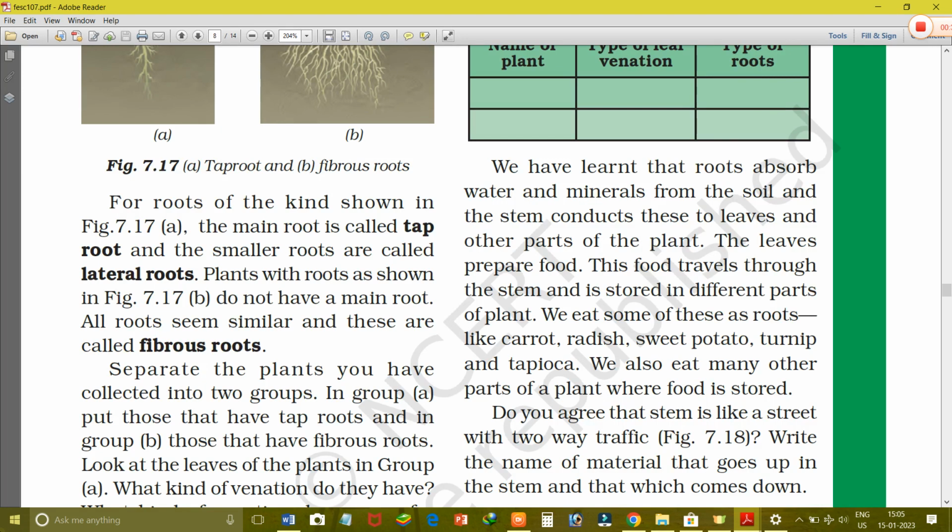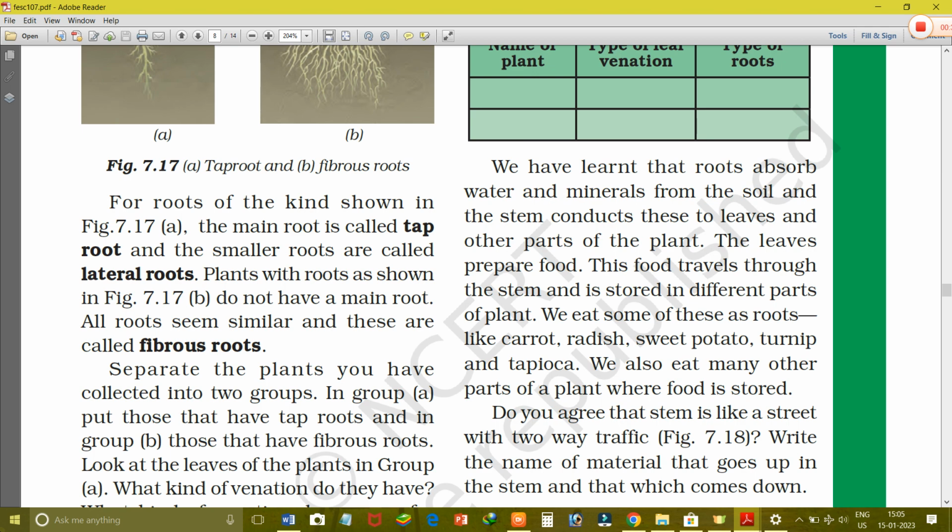The main root is called taproot, and the smaller roots are called lateral roots. Plants with grass do not have a main root.